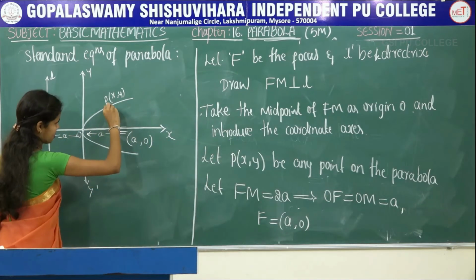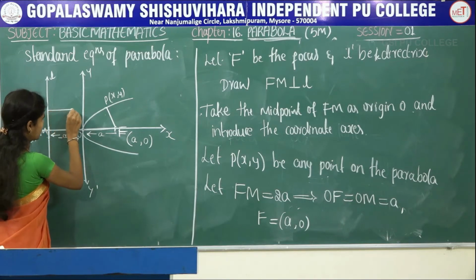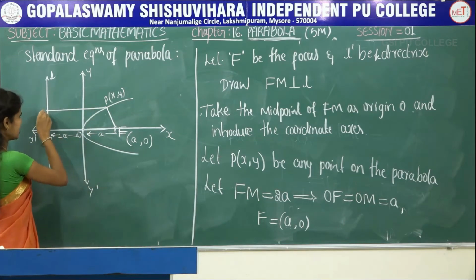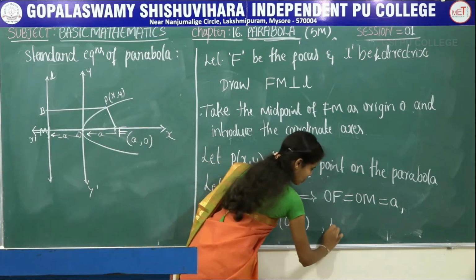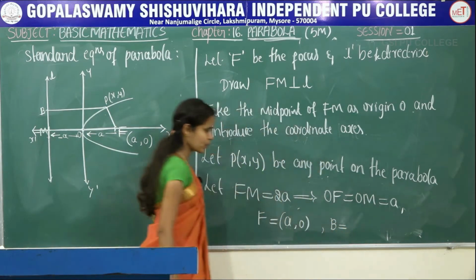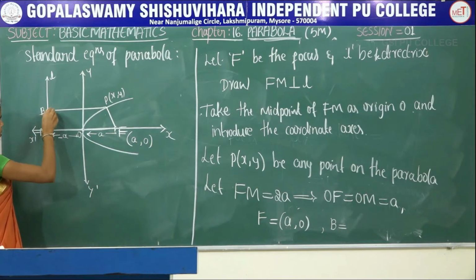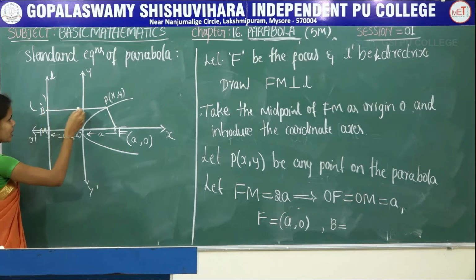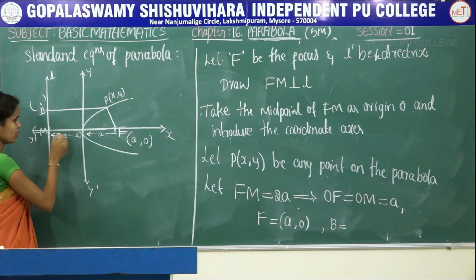So, next, join these two points and draw a perpendicular to the line L. Denote this point to be B. Next, coordinates of B. Here observe, the x coordinate means the perpendicular distance from the y-axis. So this distance is equal to minus a. Therefore, the x coordinate is minus a.